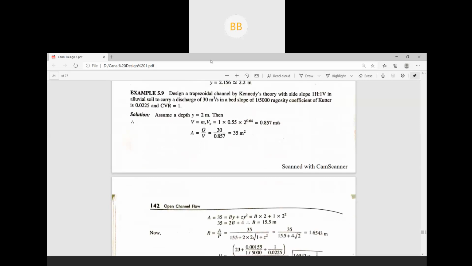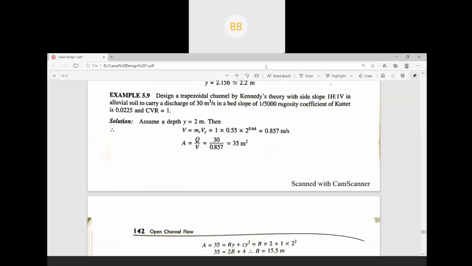So you write down the equation. Your first numerical is related to Kennedy's theory. So you write down this question.